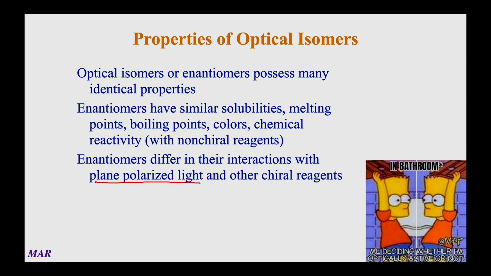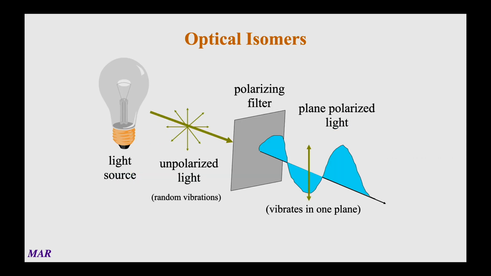And plane polarized light is light in just one type of direction. And it will actually have different properties depending on if you have the one enantiomer or the other. Now, to get plane polarized light, you start with regular light, which comes out at 360, all different degrees, and you use a polarizing filter, and that basically isolates the light along a plane, an up and down plane in this example, but you don't have the left and the right parts.